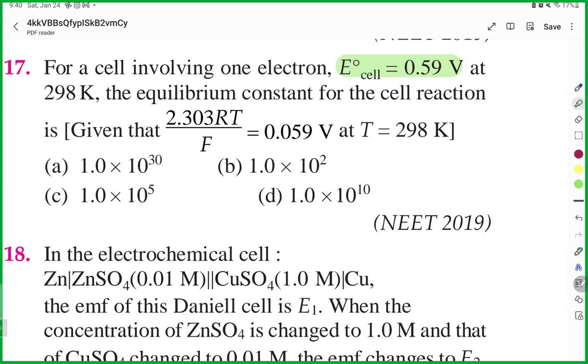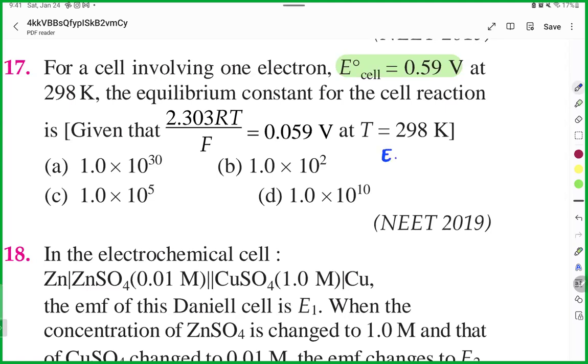Option D. Okay. So you have E naught value. You have n value in this case. Equilibrium constant value is given. E naught value is given. You have to calculate. So if you calculate E cell in this case, this is the equilibrium condition, so E cell will be 0.